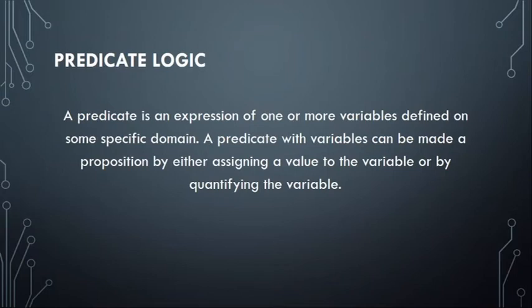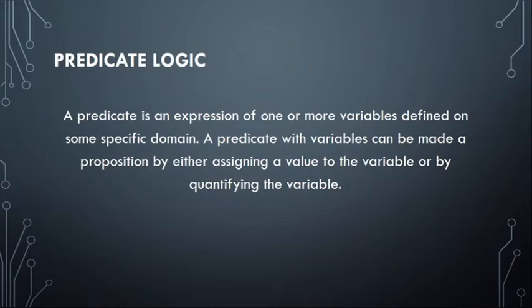A predicate with variables can be made a proposition by either assigning a value to the variable or by quantifying the variable. This means that the predicate expression is defined by a specific domain, also called the domain of discourse or the universal domain.